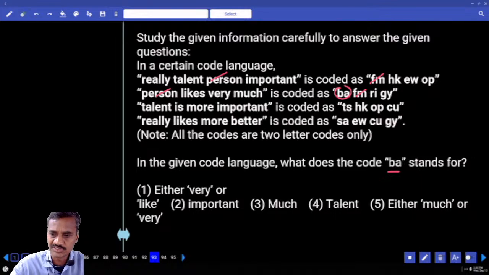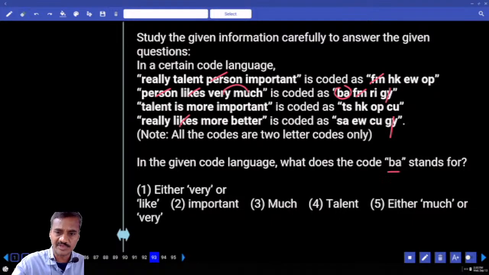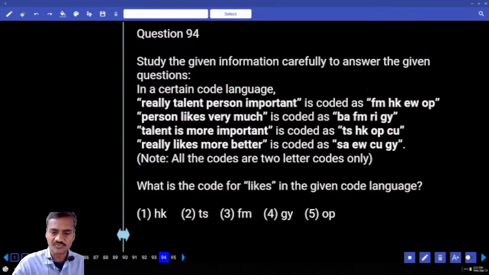Person. Person is FM. Then RI and GY. RI and GY, GY is common, and RI and BA. RI is it common here? No. Hence GY means what is the word? Likes. And the code for BA can be either very or much. Very or much, choice 5, question number 93. Clear? Then 94. Then what is the code for likes?